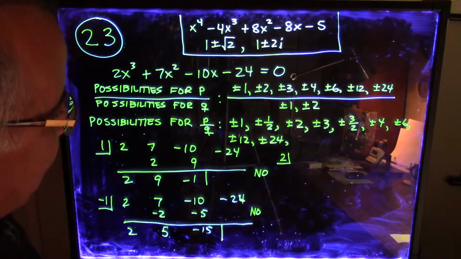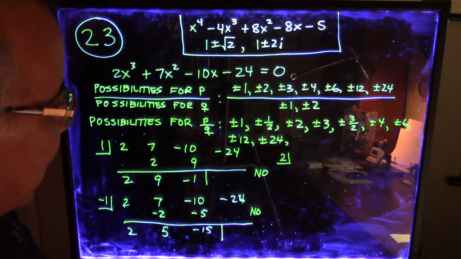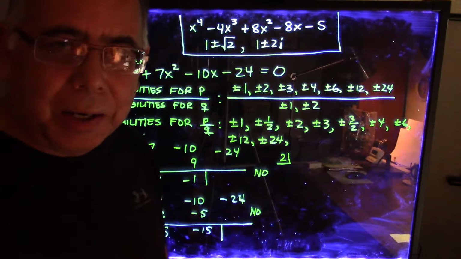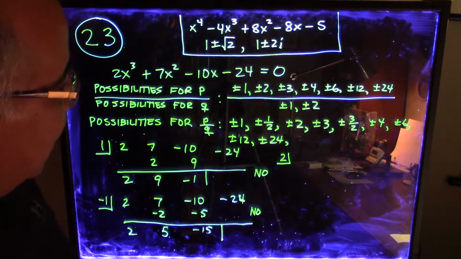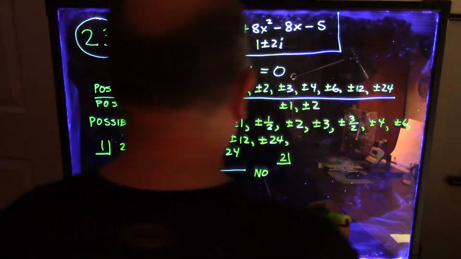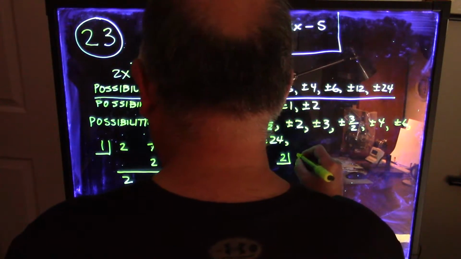All right, if this were a problem in real life, you might end up going through all of these and not getting anything that works, right? So you'd have to try something else. But I think this is going to work.